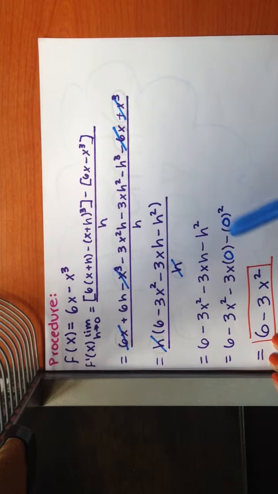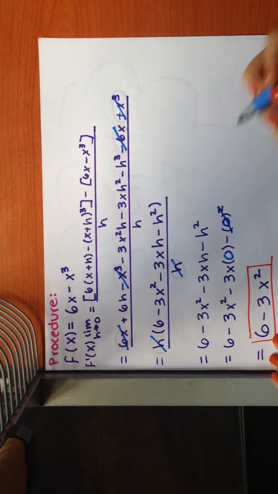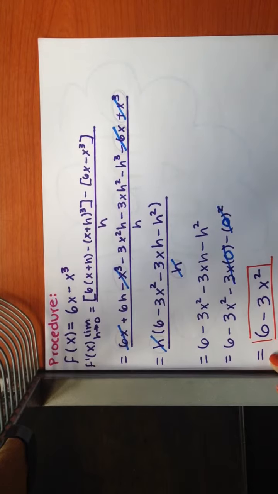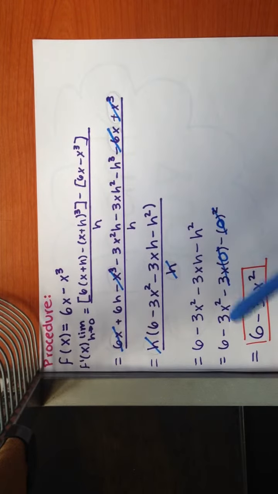And if we do 0 to the second power, this will be eliminated. Also, when we multiply a 0 times a number, we can eliminate this also. So the main result will be 6 minus 3x to the second power.